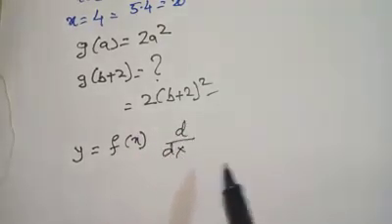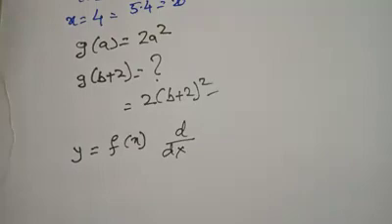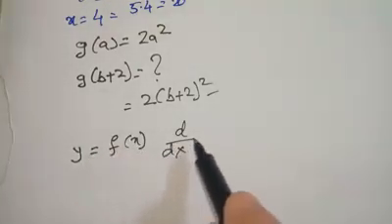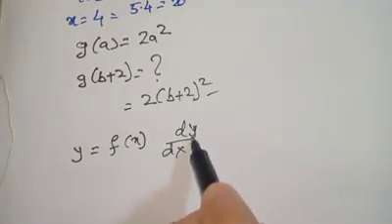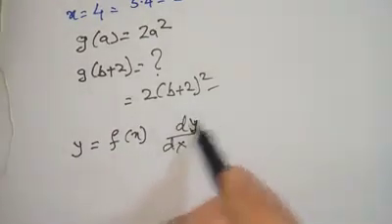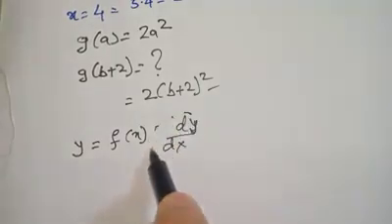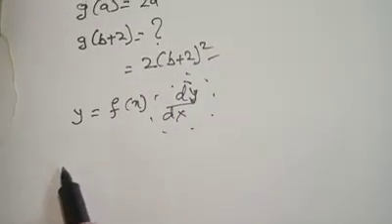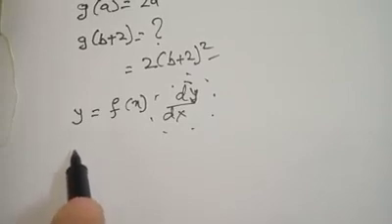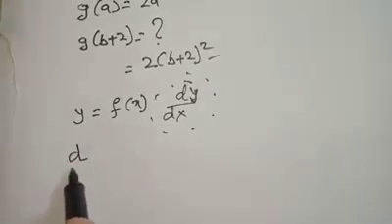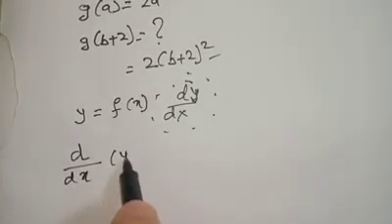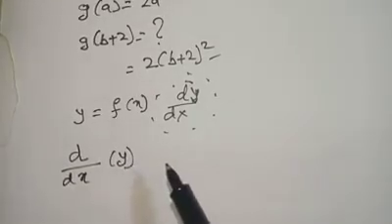This is the general way we do it. And when we are writing dy by dx, we can also use this particular notation. Let us write it in this way. We can also write it as d by dx of y. Okay, so it is eventually the same.